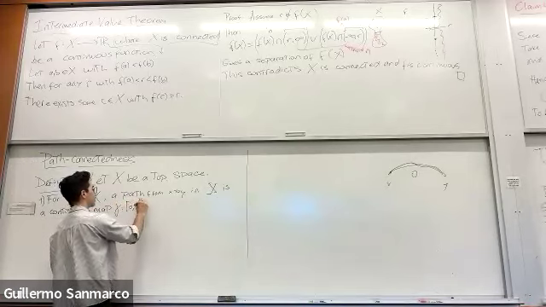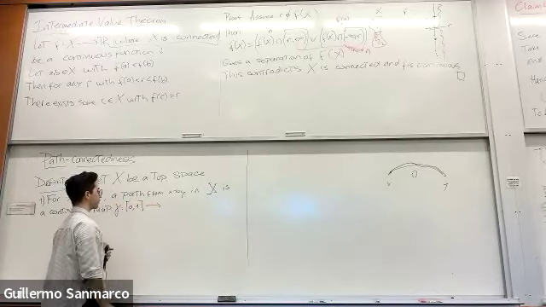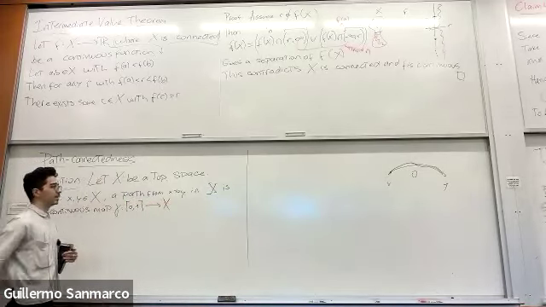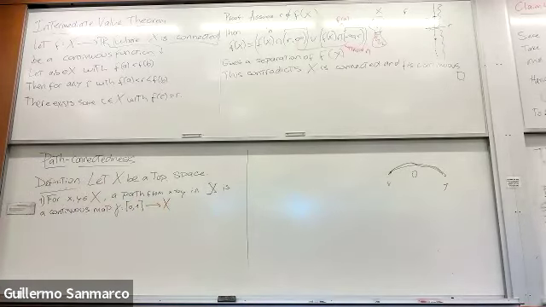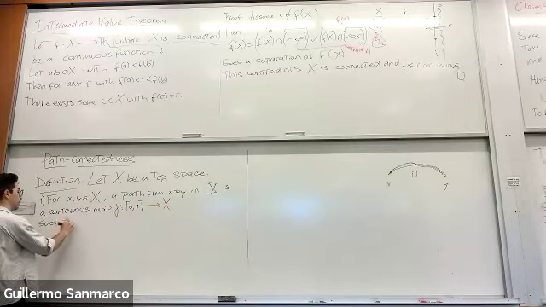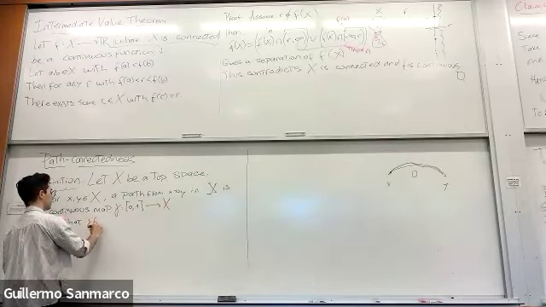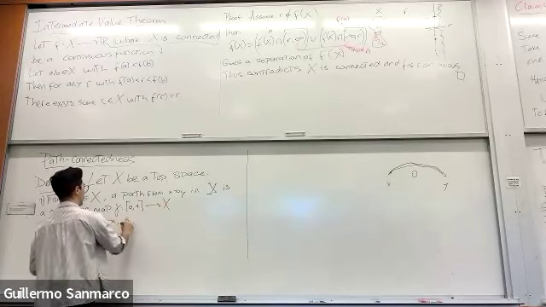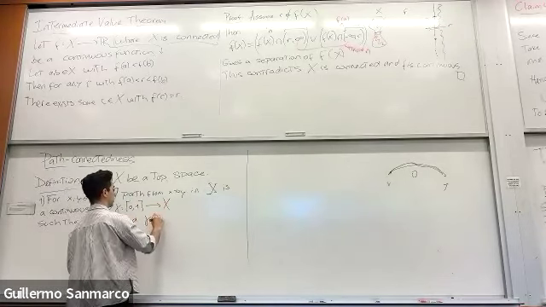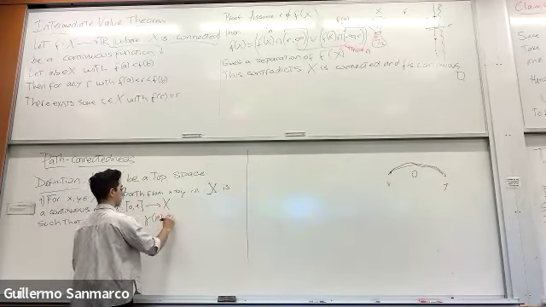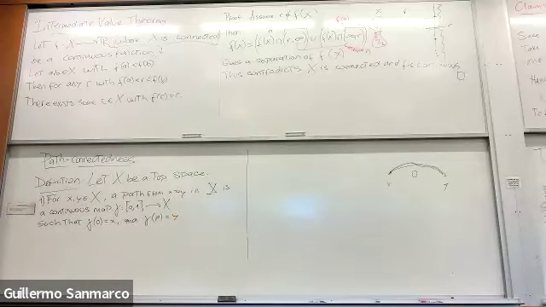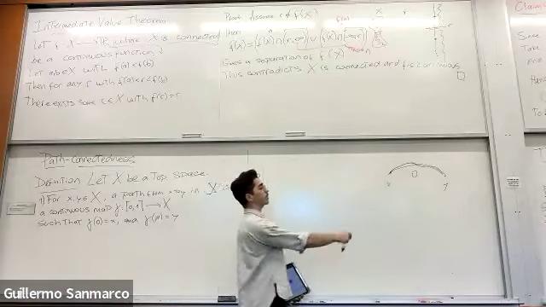From the closed interval [0, 1] to X. I'm using [0, 1]. You could use [a, b] or whatever you want, which will hit x at 0 and y at 1. And of course, what you visualize here is the image of gamma.